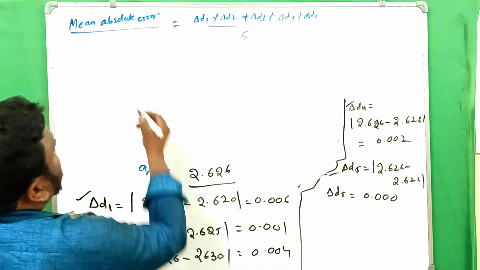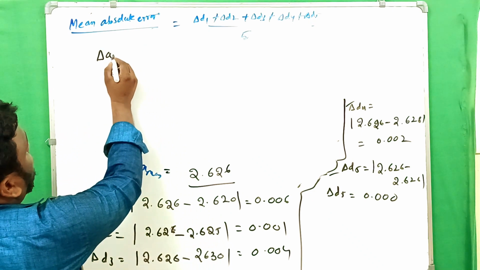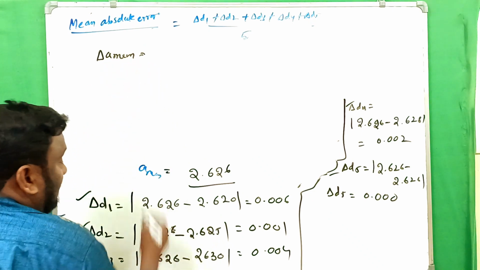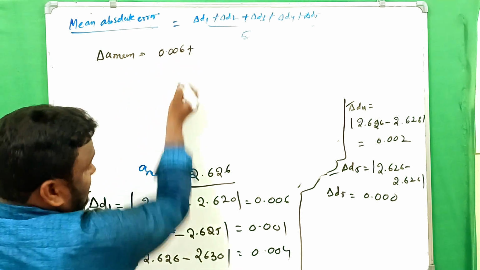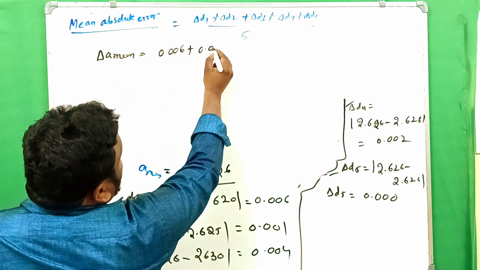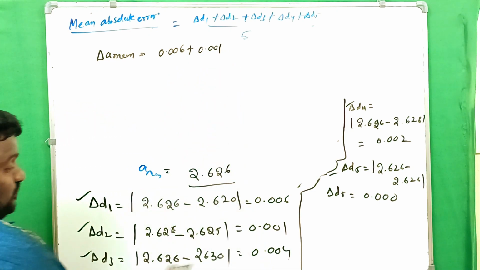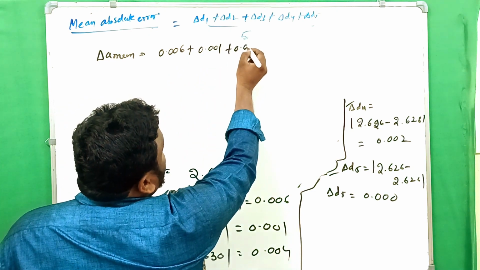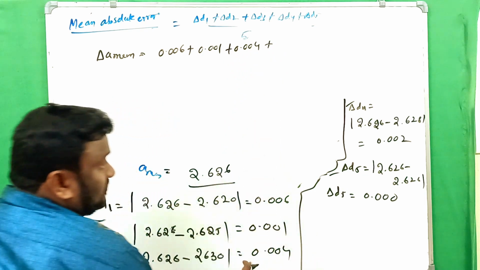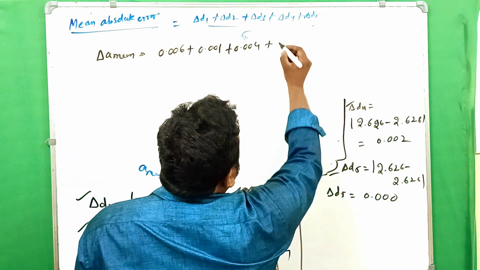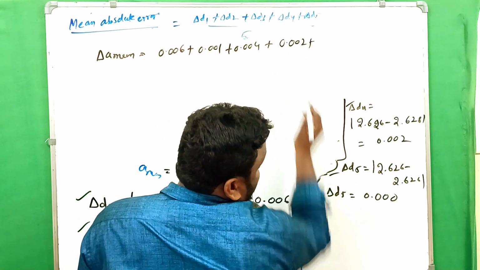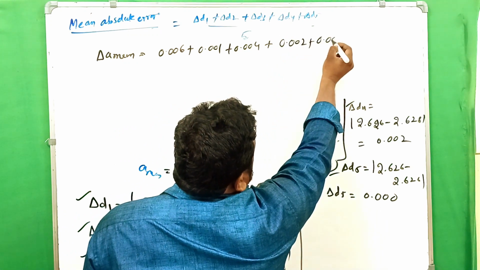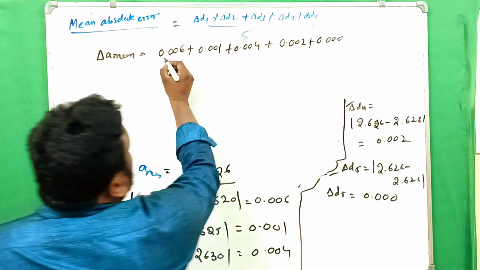This is delta d mean. What do we write here? Delta d1 is 0.006 plus 0.001 plus delta d3, 0.004 plus, and delta d4 is 0.002 plus, and d5 is 0.000, by 5.